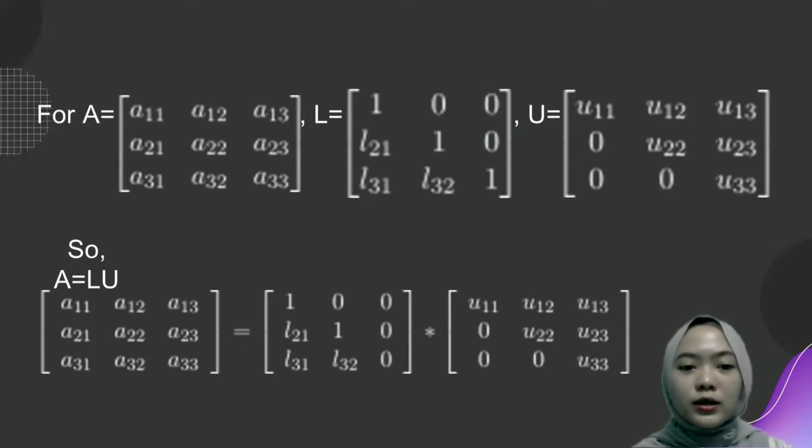We use row reduction to change the matrix A into matrix U, because like I said before, U is an upper triangular matrix and can have any real numbers on or above the diagonal. And the matrix L we obtain from the coefficients of the row reductions which are conducted.